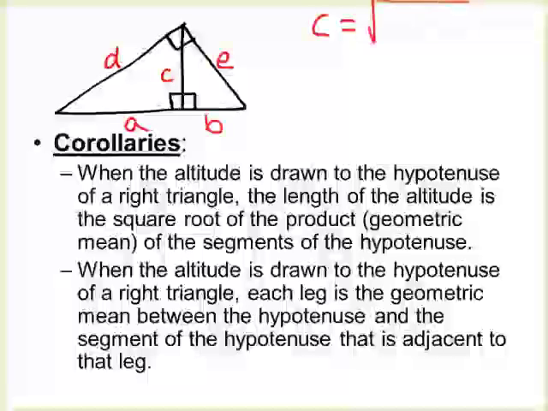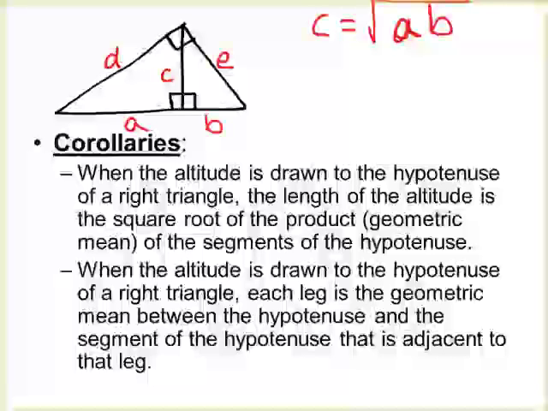What does product mean? If I take the product of two numbers, what am I doing with them? Multiplying them. So we're going to multiply. So the product of the segments of the hypotenuse, that means the broken pieces of the hypotenuse, so that would be A and B. So that first corollary tells us that C is equal to the square root of AB.